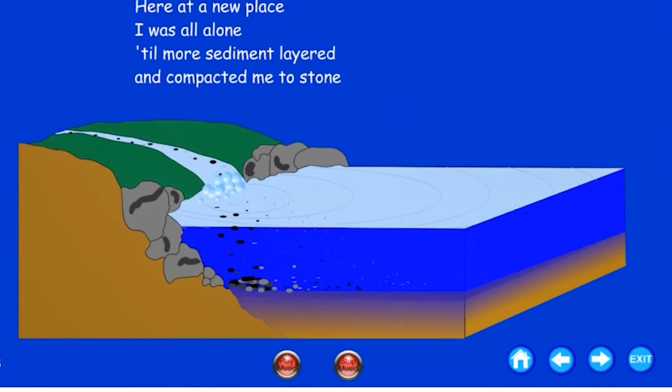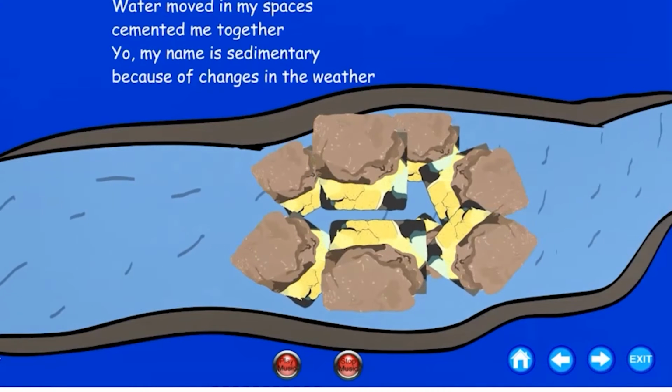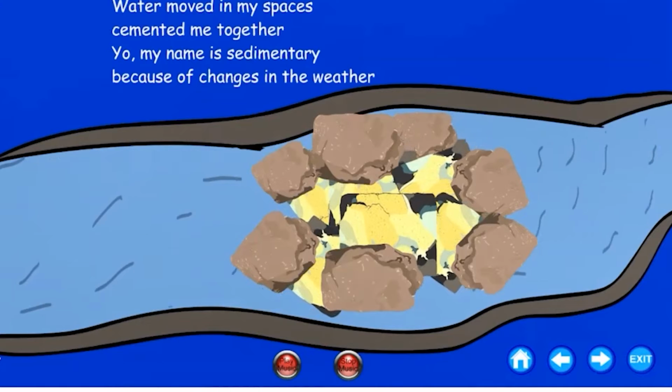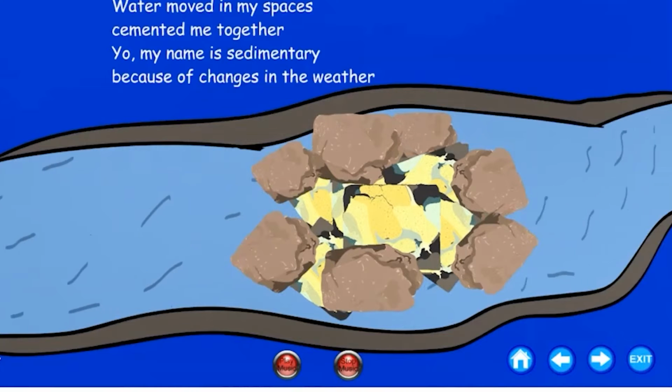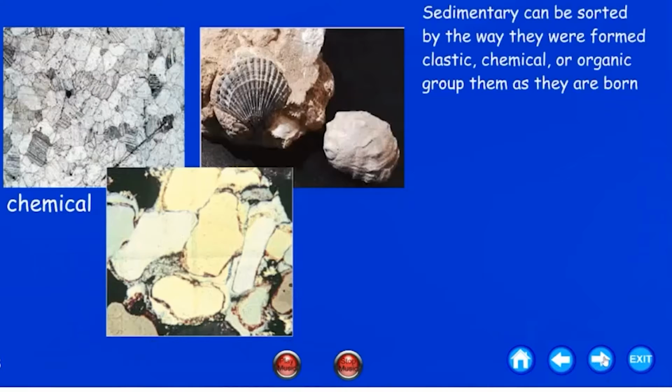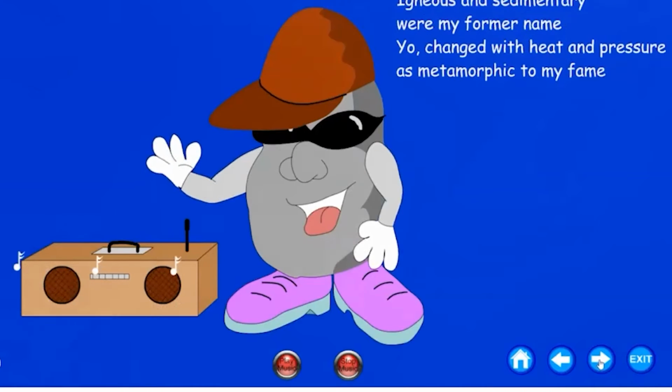Here at a new place, I was all alone, till more sediment layered and compacted me to stone. Water moved in my spaces, cemented me together. Yo, my name is Sedimentary because of changes in the weather. Sedimentary can be sorted by the way they were formed. Plastic, chemical, or organic, group them as they are born.